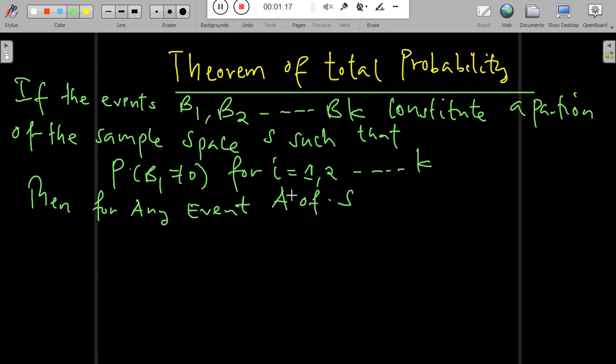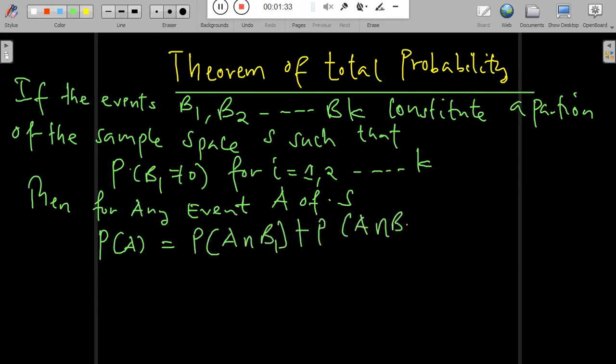Then for any event A, given the sample space, the probability of A is equal to the probability of A intersection B1 plus the probability of A intersection B2 plus up to the probability of A intersection Bk.